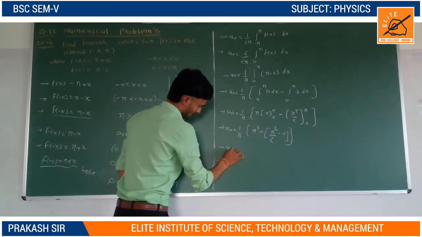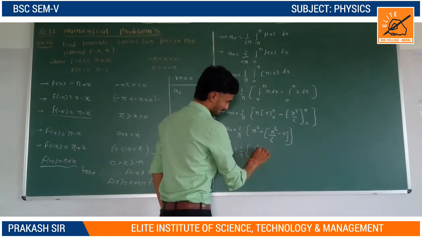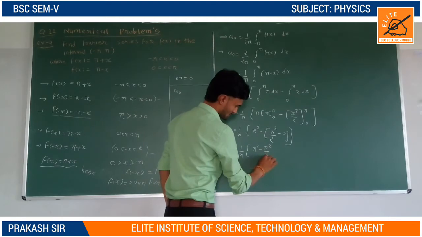So a0 is equal to 1 upon pi, pi square minus pi square by 2.